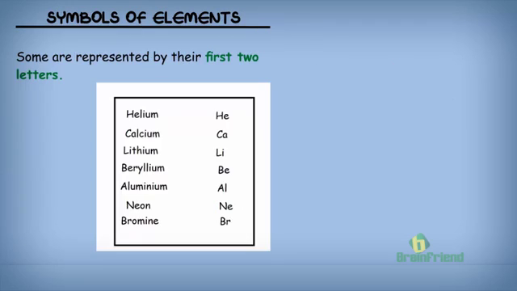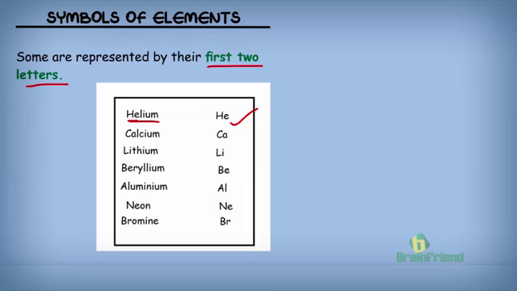We also say that some are represented by their first two letters. So it means that the first two letters that make up the word of that element represent that element, or are used as a symbol for that element. For example, we have helium. As you can see, it is represented by the first two letters, which are H and E. Note also that the H is written in capital form and the E is written in small form.